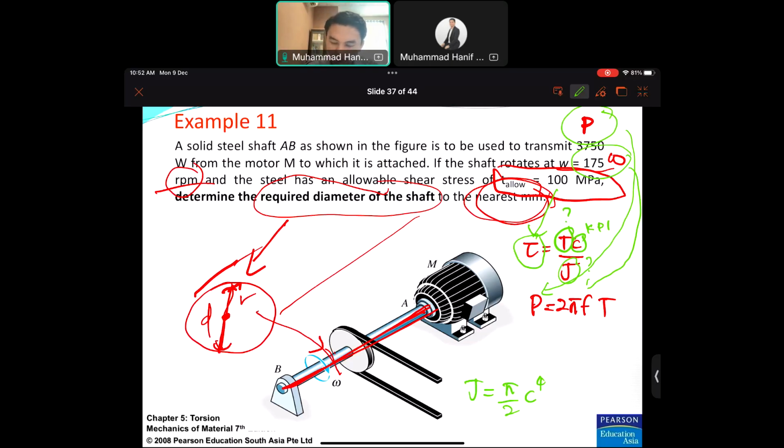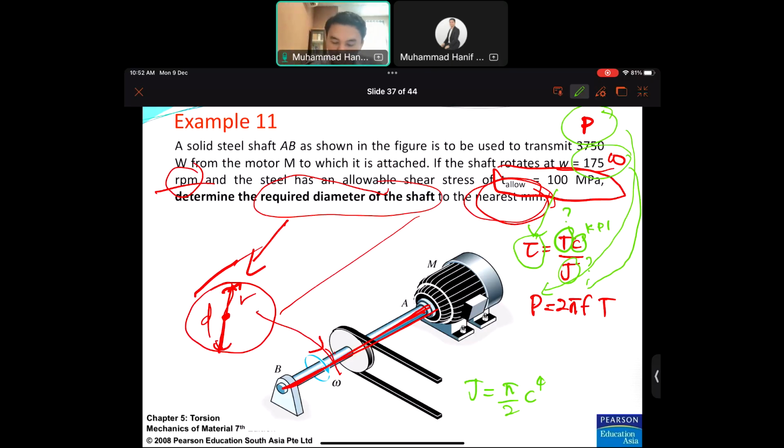One minute equals 60 seconds, so just put 1 over 60 to eliminate minute here. To eliminate revolution, one complete cycle, REV, is equal to 2 pi.